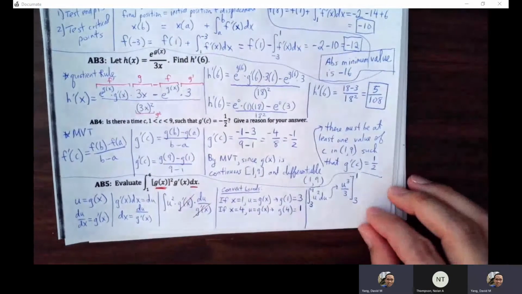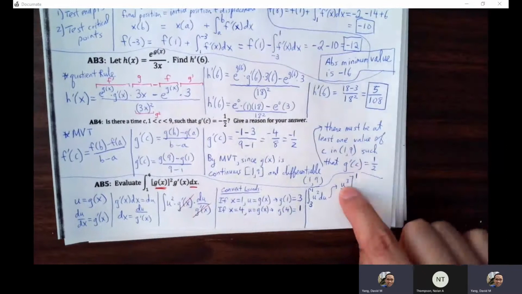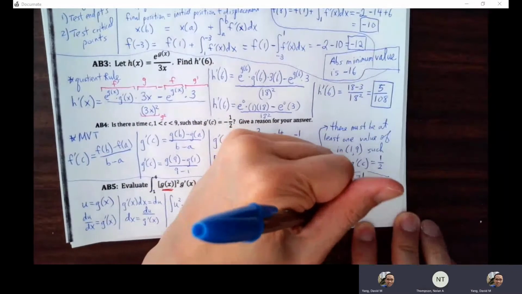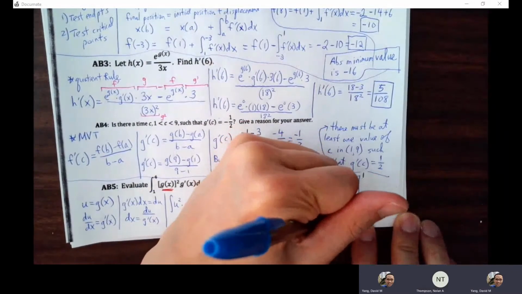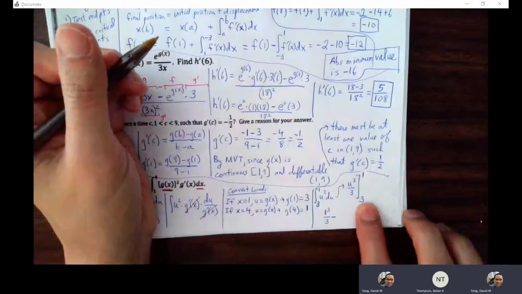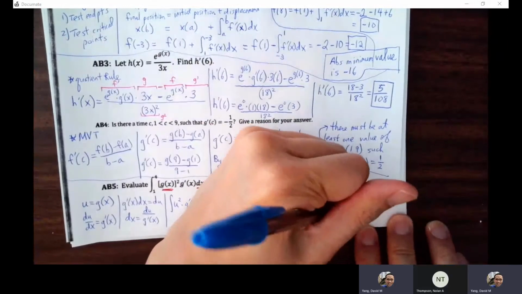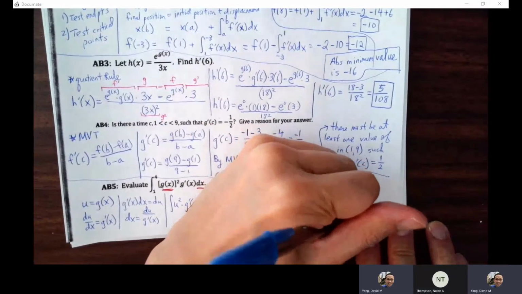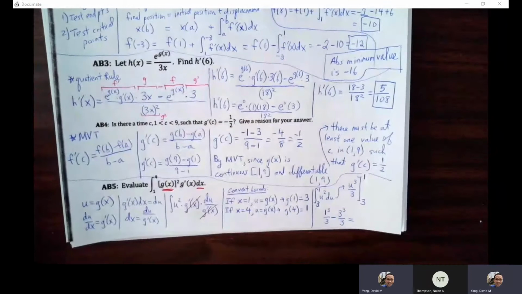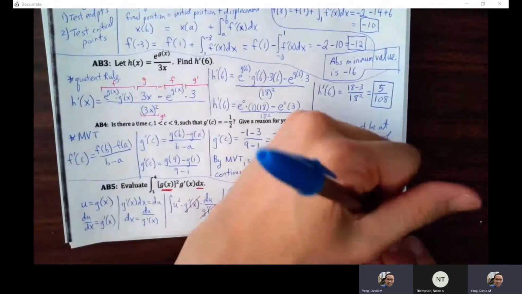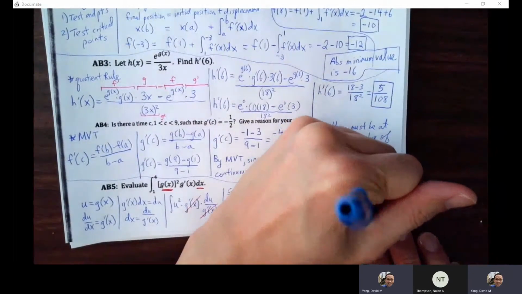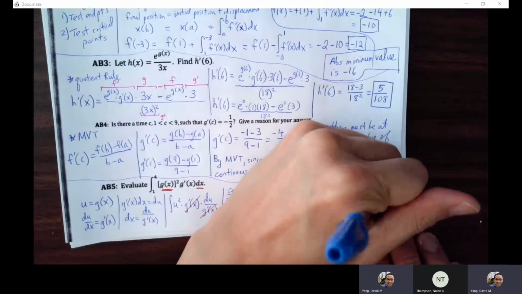Okay, upper bound first. 1 in for U. Lower bound. So I get 1 minus 27, which is negative 26 over 3.